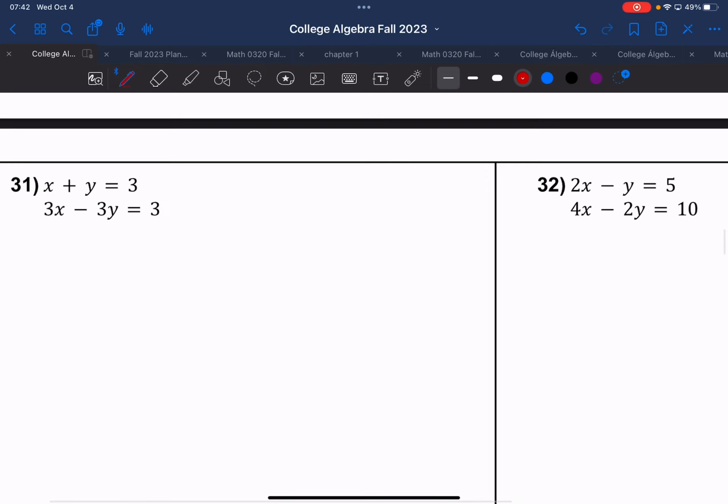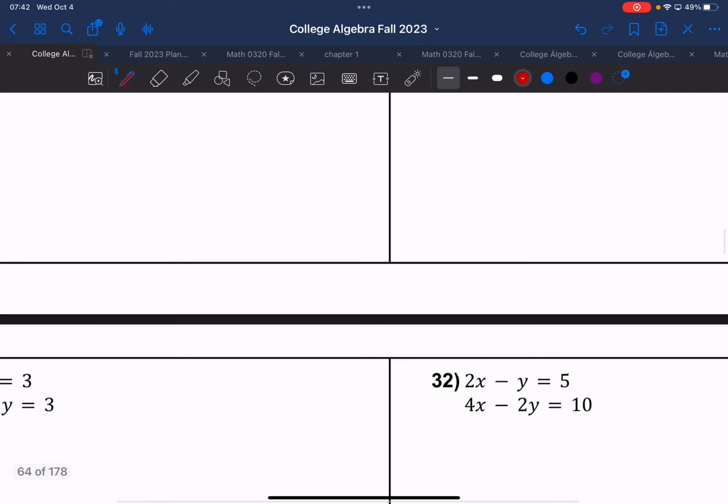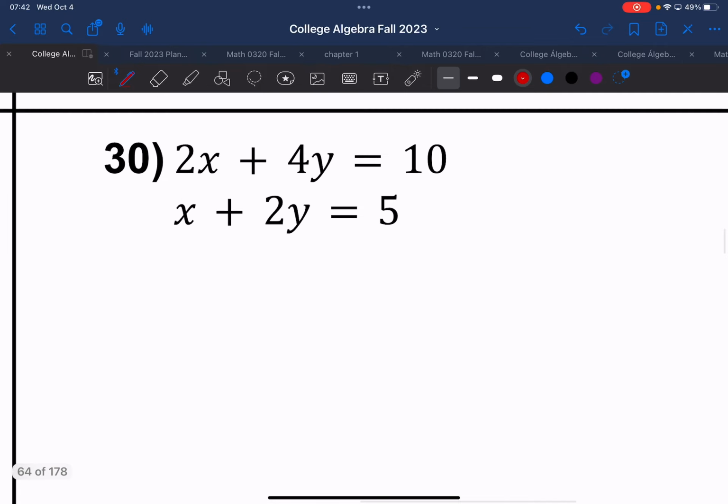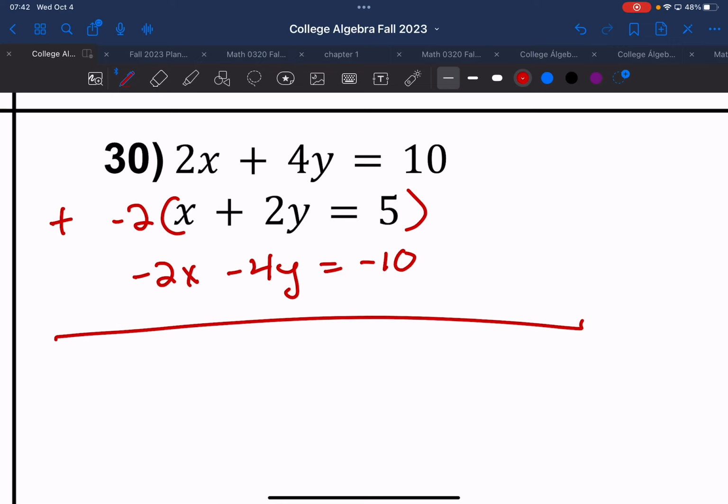So number 30 is similar, and would essentially be the same thing. Multiply that by negative 2, right? Correct. If we multiplied this one by negative 2, we'd get negative 2x minus 4y equals negative 10. If we were to add the equations down, again, what is happening to every single element? They cancel.